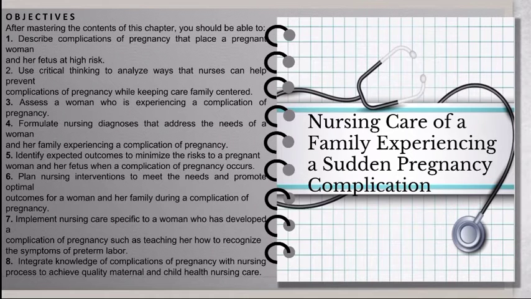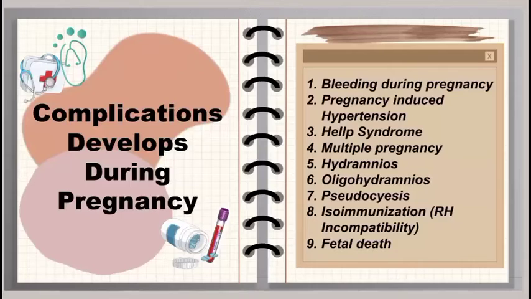Seven is to implement nursing care specific to a woman who has developed a complication of pregnancy, such as teaching her how to recognize the symptoms of preterm labor. The last is to integrate knowledge of complications of pregnancy with the nursing process to achieve quality maternal and child health nursing care.